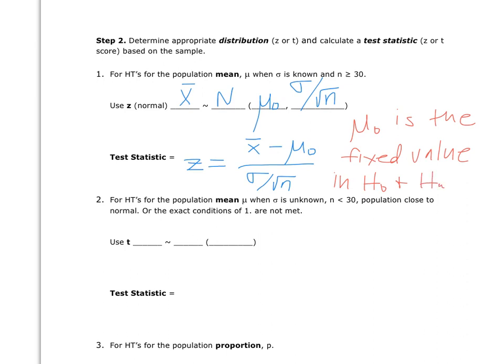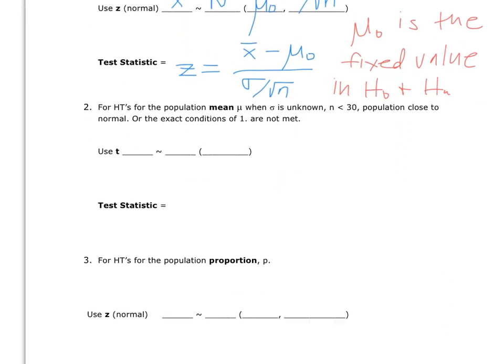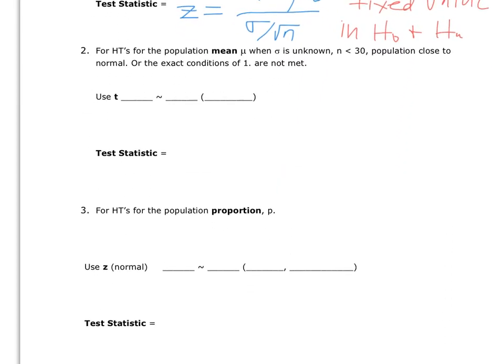Okay, all right, so that's when we have a large sample size. We know population standard deviation. We use normal.